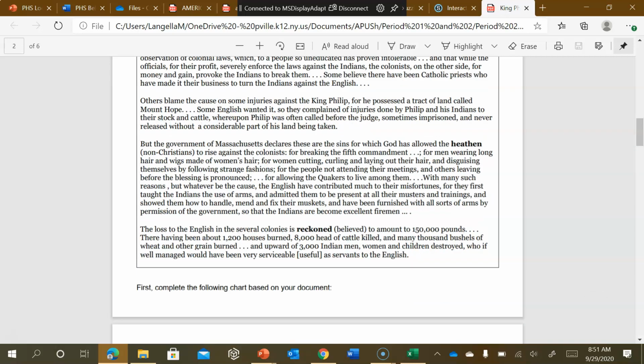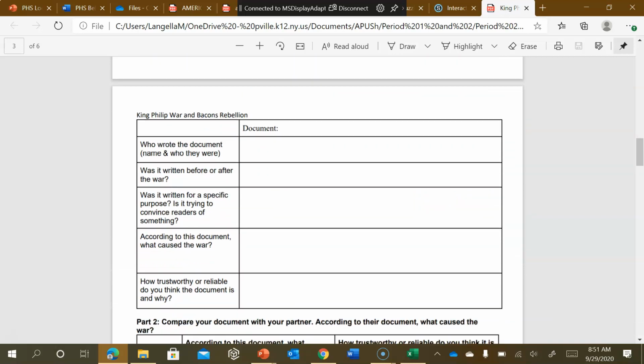When you look at trustworthiness, you also have to look at, do they have a motive to say one thing over the other, right? So you could say this is a trustworthy document because it's similar to document A. Document A was almost like an interview, right, with Metacom or King Philip. Document B was more like an investigative piece from the English crown or government's point of view to say what was going on in our colony that we don't know about, right?